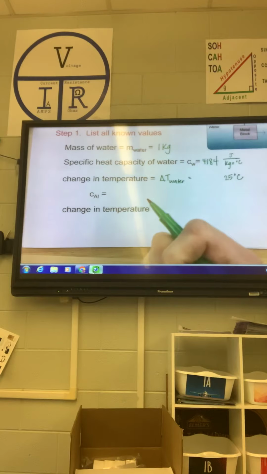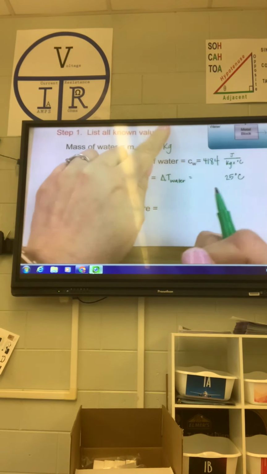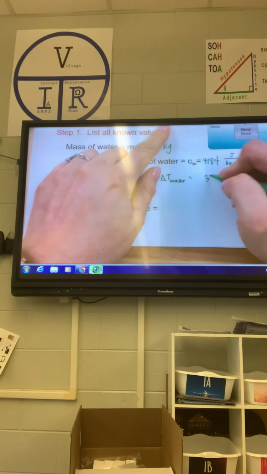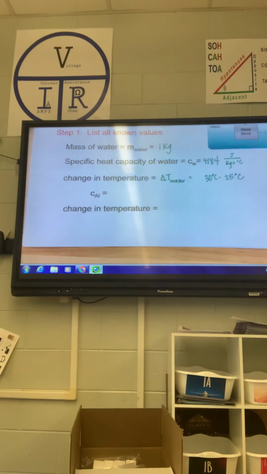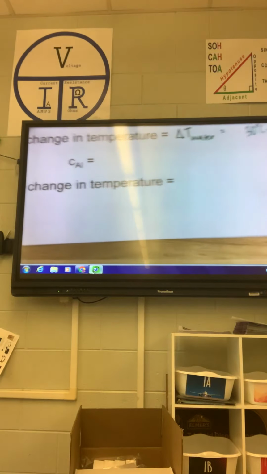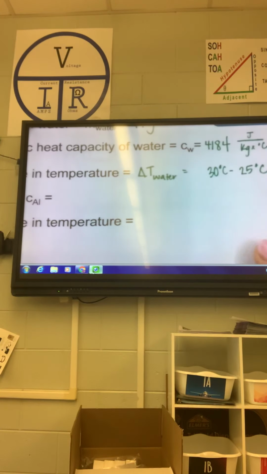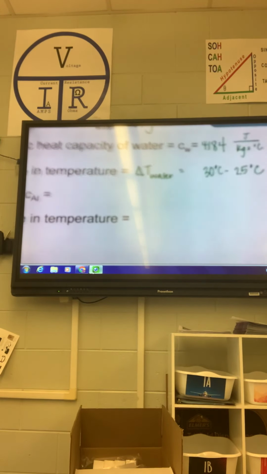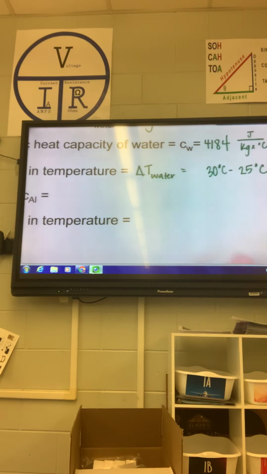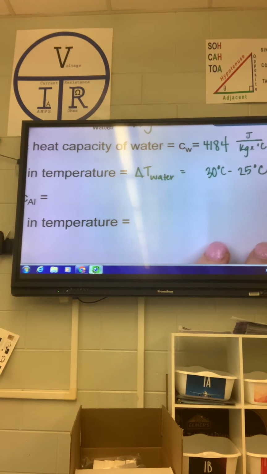And what is it going to get to? 30. I don't ever want a negative number here. That's why I did it like that. And so my change in temperature is 5 degrees Celsius.